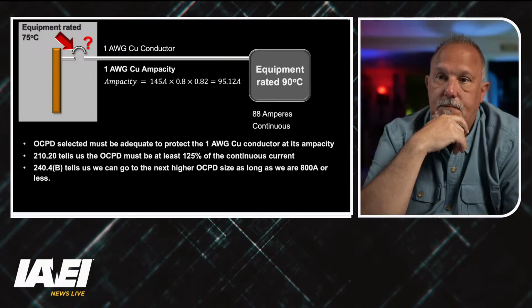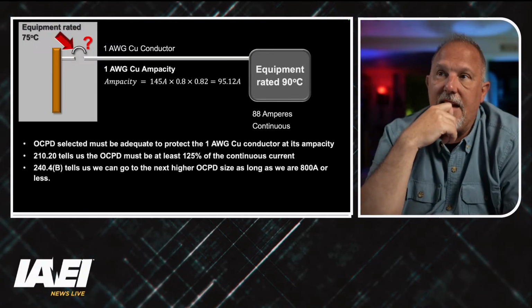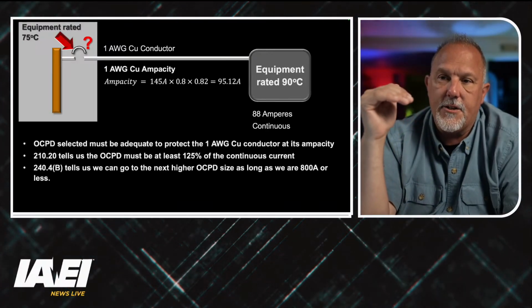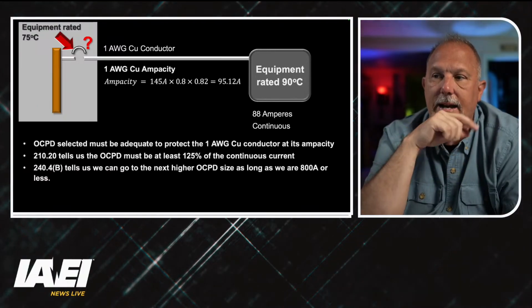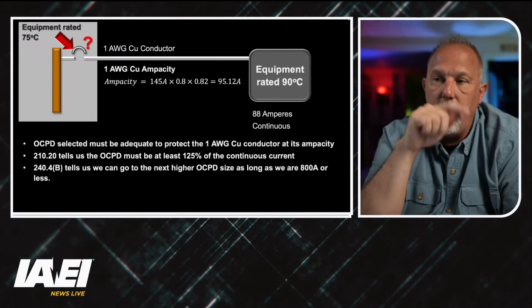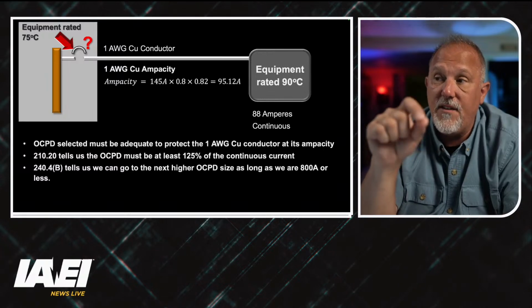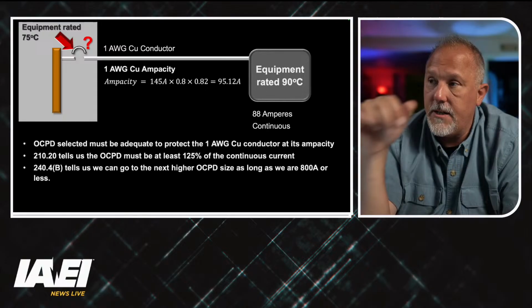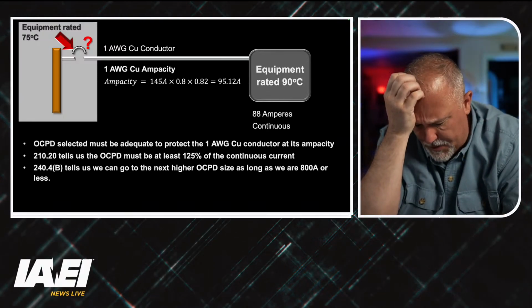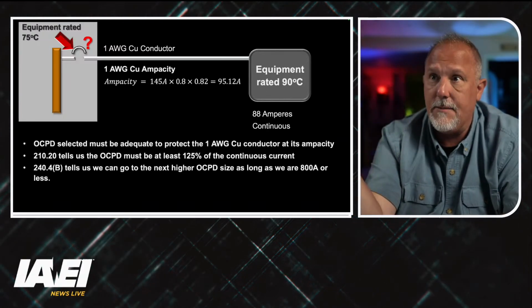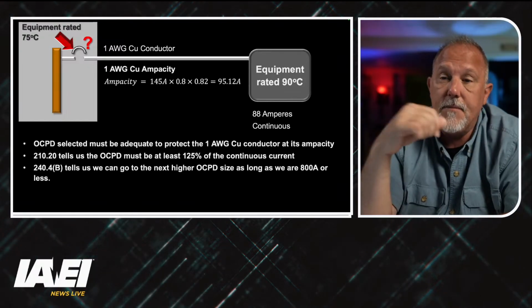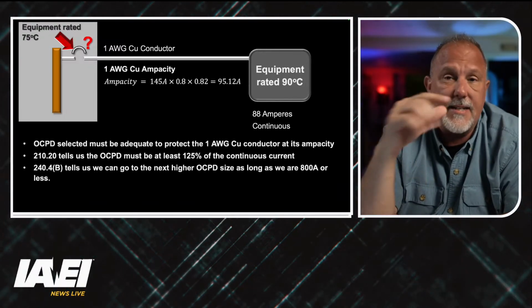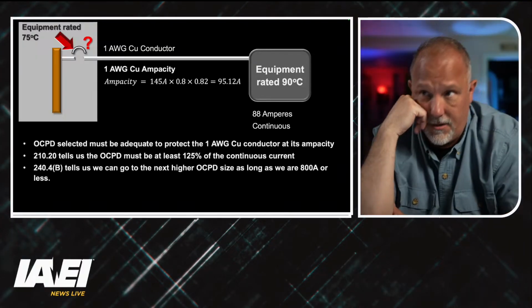To do that, I have to be able to protect the 1 gauge conductor. 210.20 tells me that the overcurrent device has to be at least 125% of the continuous current. The continuous current is 88 amps, so 1.25 times 88 is 110. 240.4(B) says I can go to the next larger.